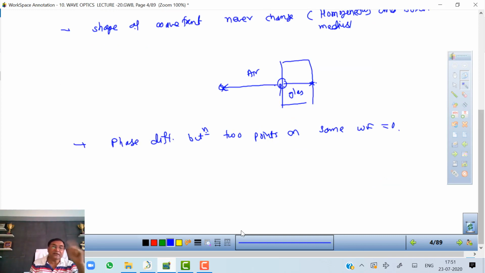But if points are on different wavefront and distance is suppose x, એક wavefront અહીંયા છે, બીજું અહીંયા છે, અને અહીંયા એક point A છે, અહીંયા point B છે, આની વચ્ચેનું distance x છે. So what is the phase difference? Yes, if the distance is lambda, phase difference is 2 pi. If distance is x, then how much?